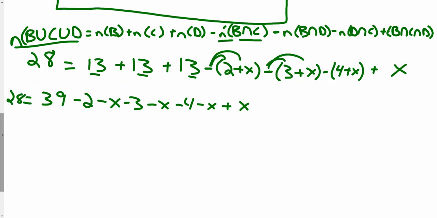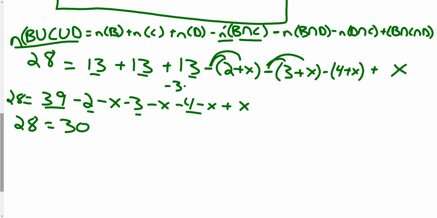So now let's combine our like terms here. So 39, take away 2, take away 3, take away 4, that's 30. Right? Negative x plus negative, take away x, it's negative 3x plus x.